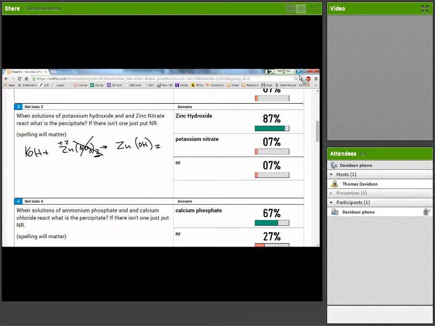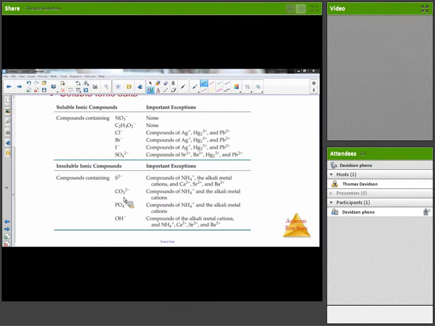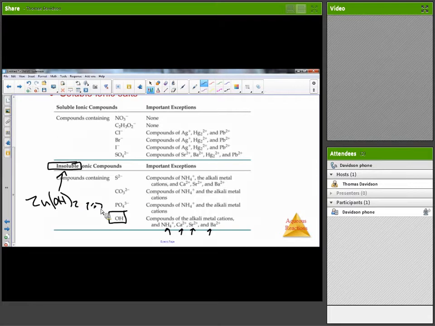Hydroxide is always insoluble, meaning it always forms something solid, except if it's with these things. If it is with one of those, it is soluble or is not part of the precipitate. Since we had zinc hydroxide, it did not have one of these, so it is insoluble. So that's my solid, zinc hydroxide.